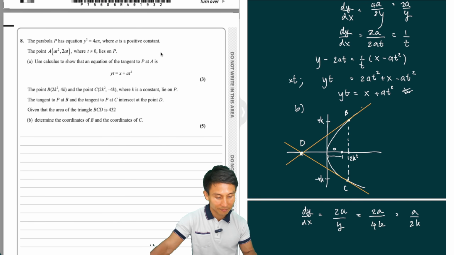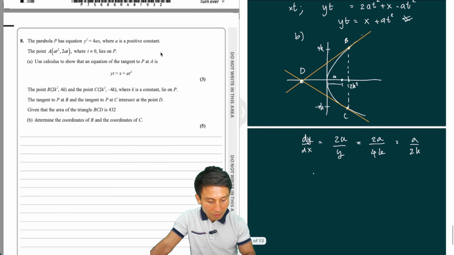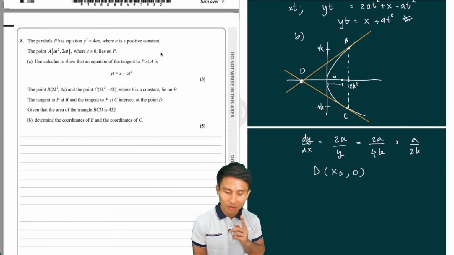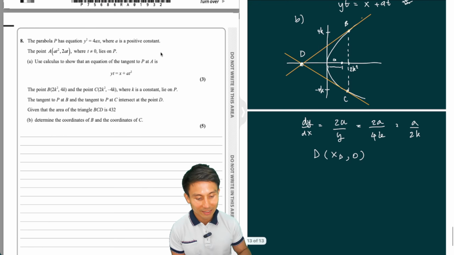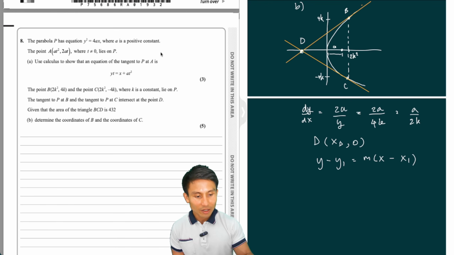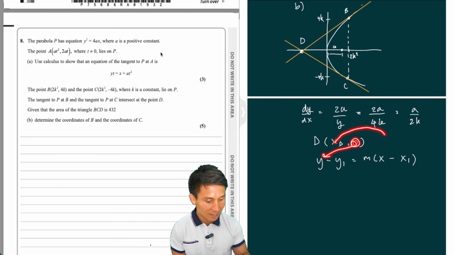And then again, we want to find point D, so we can do that already. So point D, we know that the x coordinate is non-zero, and then the y coordinate is 0. But we want the x coordinate of D, so I'm just going to leave it as xd. Now if we put in y minus y1 equals m times x minus x1, we can put the 0 for the y here and the xd for the x here.